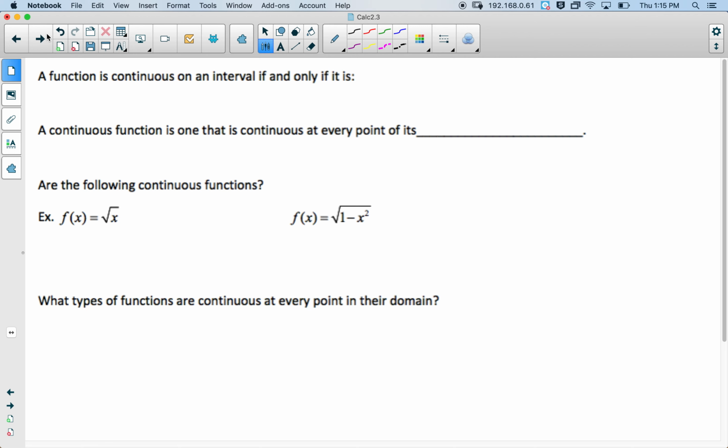So let's formalize this. A function is continuous on an interval if and only if it is continuous at every point of that interval.